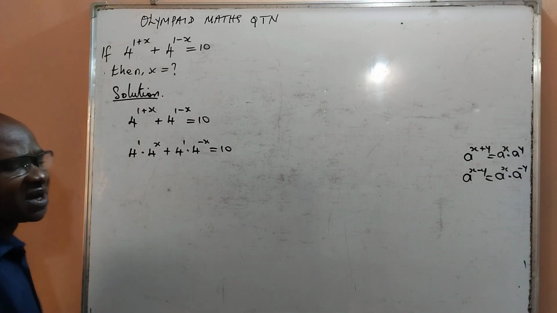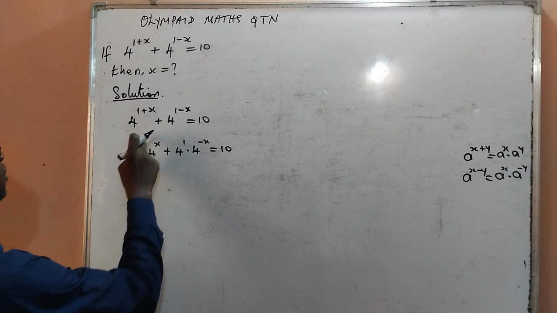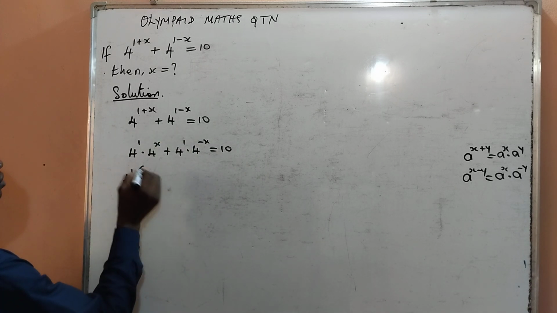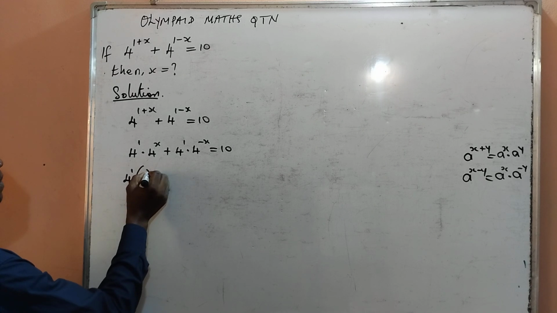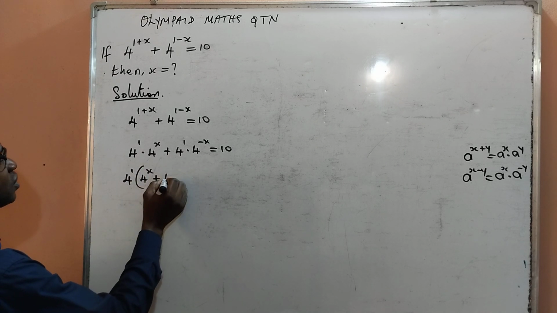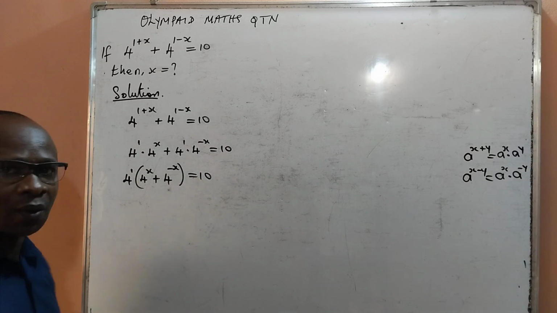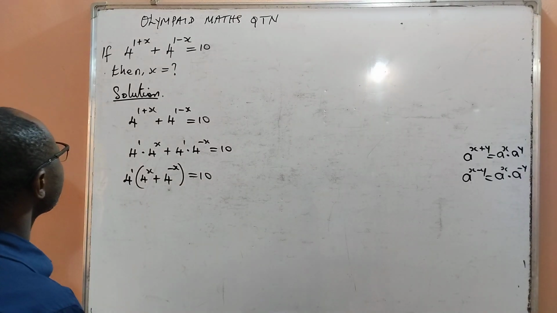And still from the left hand side, 4 to the power of 1 is common. I can factor it out: 4 to the power of 1 into 4 to the power of x plus 4 to the power of negative x, everything equal to 10.